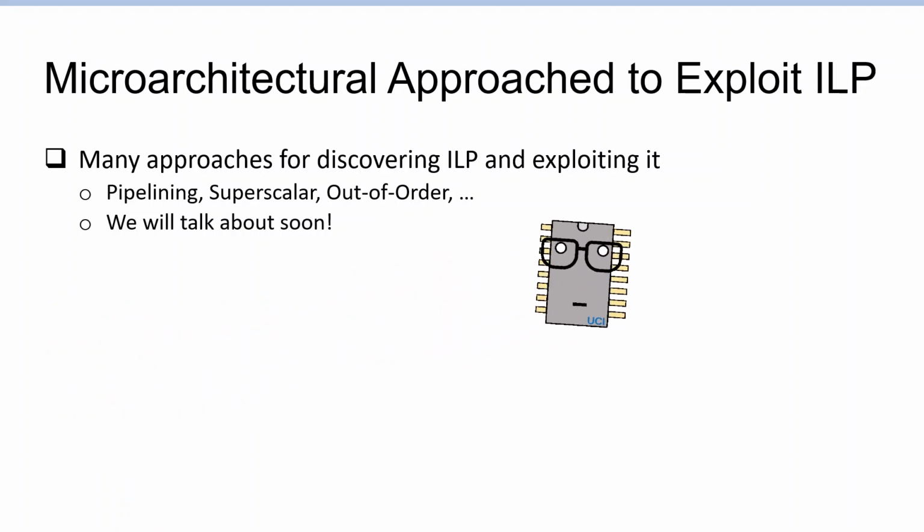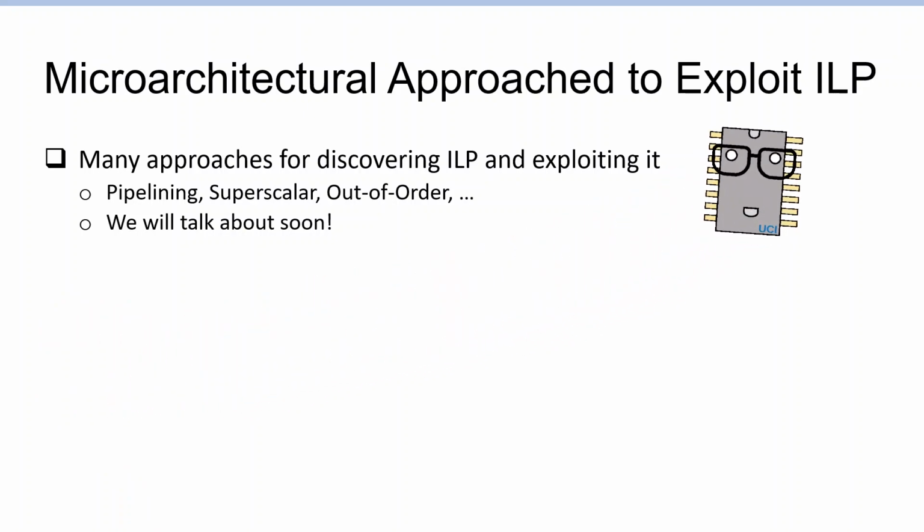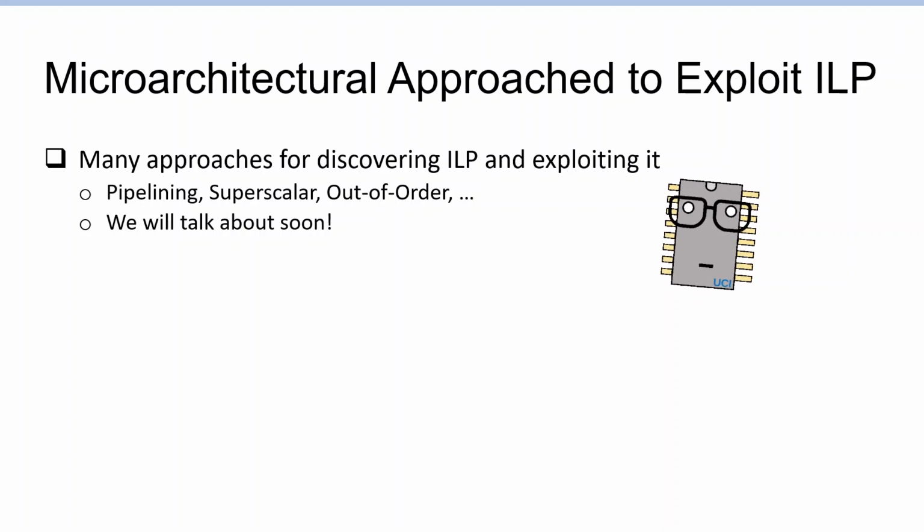And there are many approaches to discovering ILP from a given stream of instructions and exploiting it for higher performance. This is what a lot of computer architectural topics target, including things like pipelining, superscalar, out of order. All of these things are approaches to exploiting ILP, and we will talk about this in later lectures.